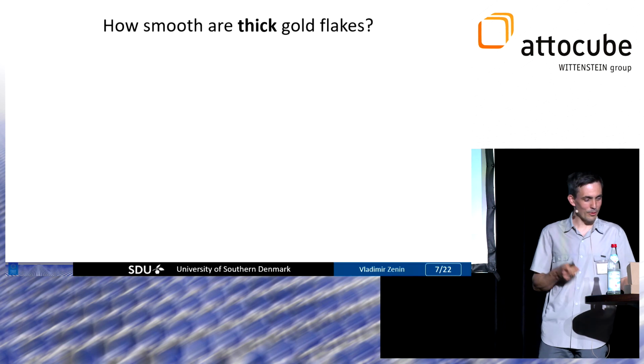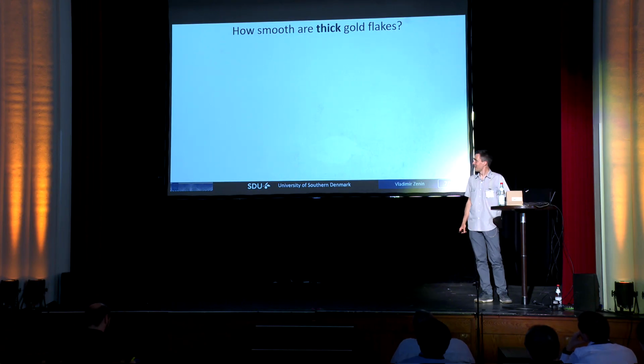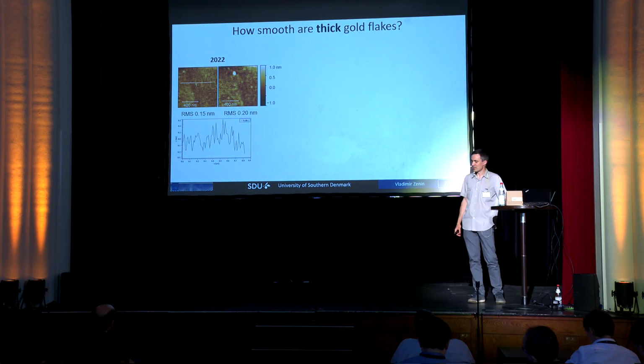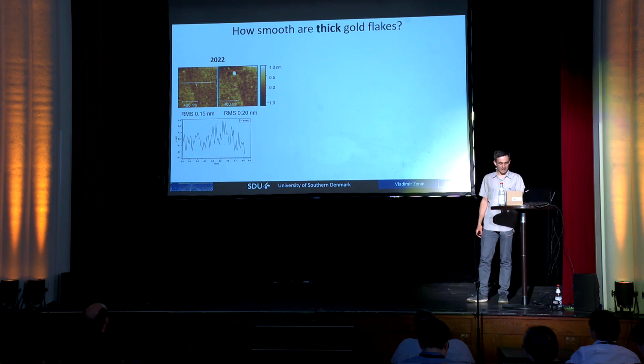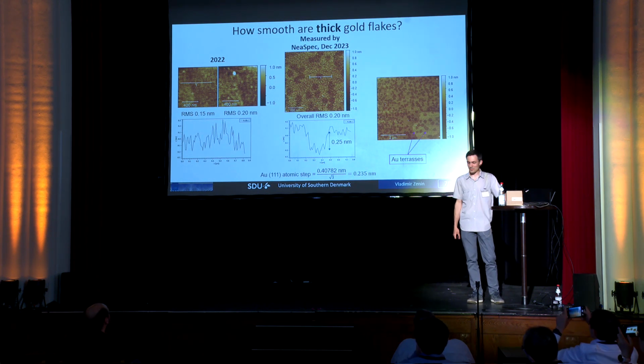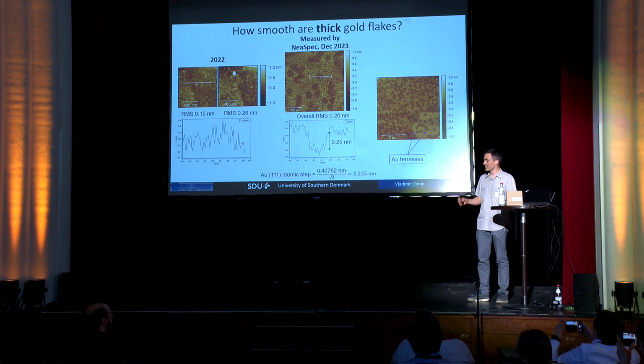So, OK, when we start to use thick gold flakes, how smooth are they? In 2022, when we were measuring these thick gold flakes, we were happy to see this topography image with roughness around 0.2 nanometers, and we believed that was the IFM noise level. Nothing can be better. But still, somehow, I decided to send one sample to Adrian, to NeoSpec, and they did measurements with the same setup, but slightly upgraded.